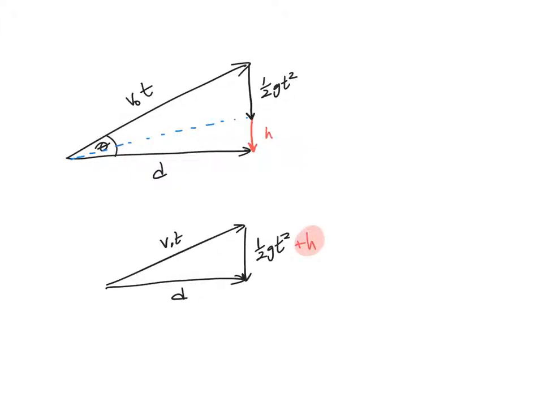If h is 0, you have the range equation. But if h is not 0, if it's a plus or a minus value, then your trigonometry gets a little more complicated. All right?